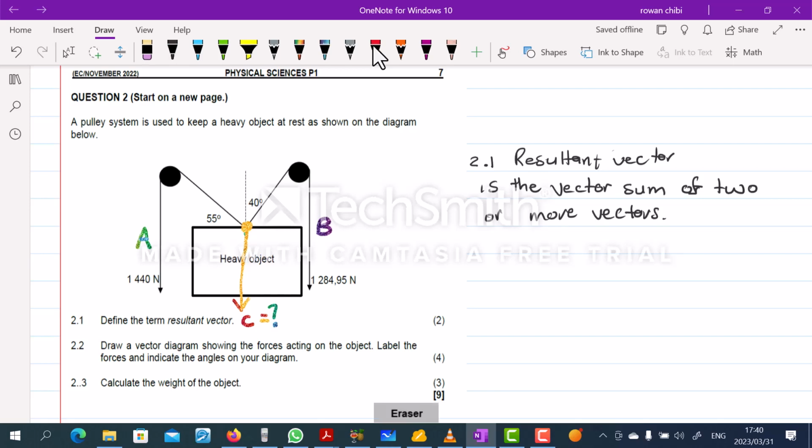So according to the exam guideline, the key word there, vector sum, this term, the vector sum.